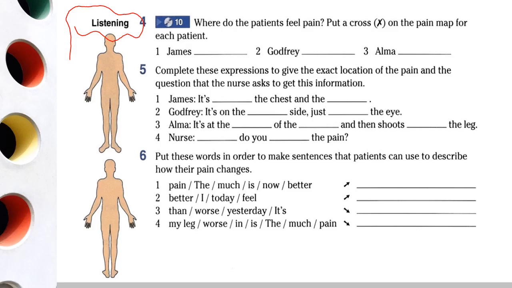And these conversations include the keys by which we can answer these exercises. So exercises 4, 5, and 6 can be answered only after listening to some conversations which are included in the audio script of this unit, and you have a copy of the audio script on our WhatsApp group. So please, you have to check it before starting to answer these three exercises.